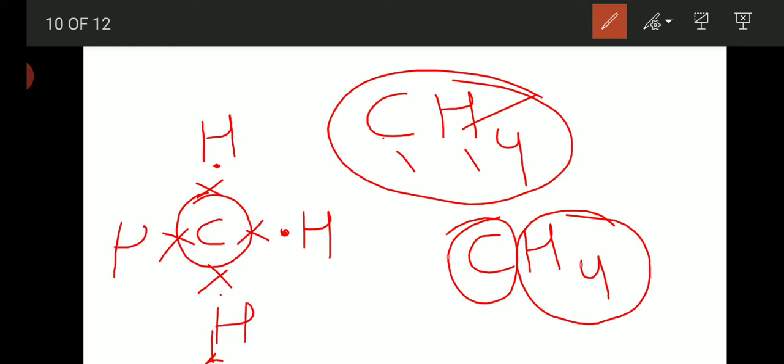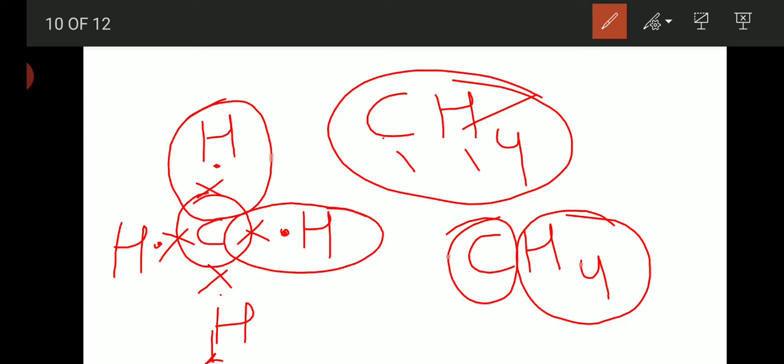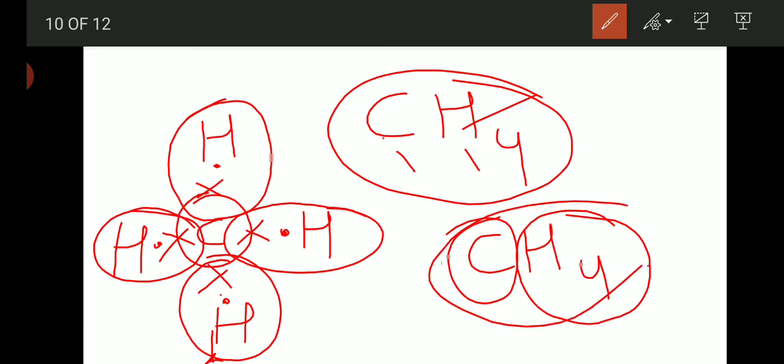So this is the dot structure of methane. Here bond formation takes place. The dot represents the number of electrons in a hydrogen. The cross mark indicates the number of electrons in a carbon. So this is the dot structure for methane.